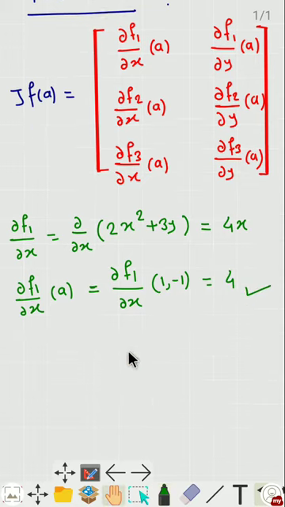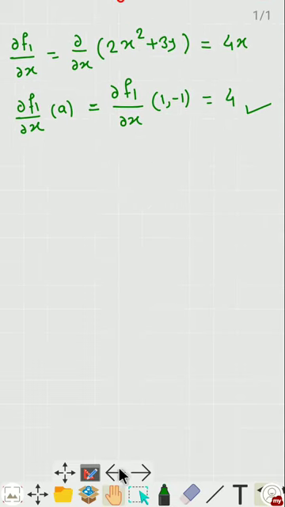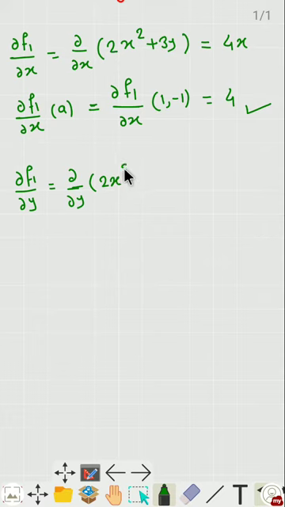Now let us find the second partial derivative of f1. So second is ∂f1/∂y, and it is equal to ∂/∂y of the function 2x² + 3y, and it is 3.